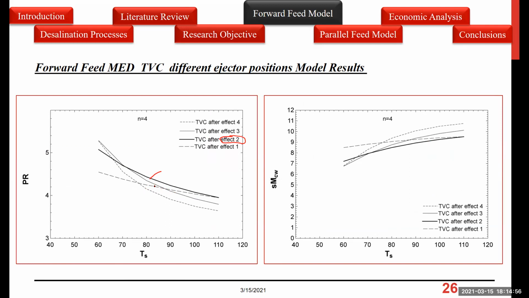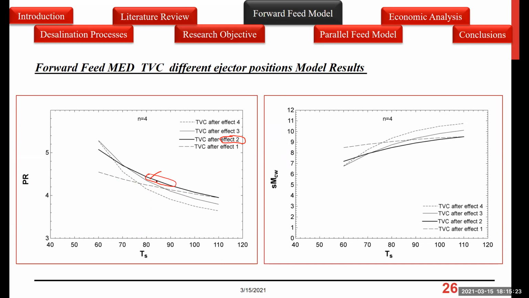The range of operation of the MED is at a temperature of 65 to 70, which means that for the steam, it's going to be 75 to 80. So we're talking about this range in general. In that range, the highest PR is for the condition where the TVC is located in the middle.